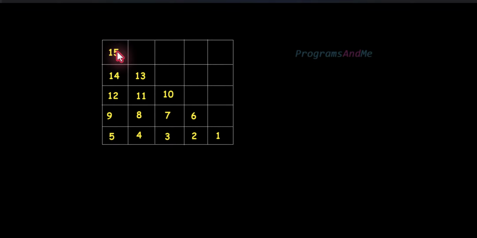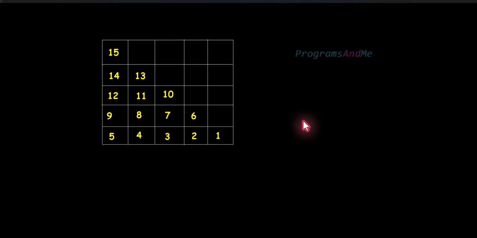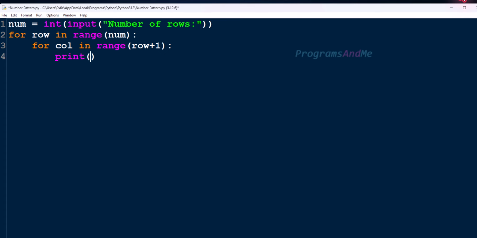For that we'll use this formula. If I take the number of rows as num, the formula is num times (num plus 1) divided by 2. I already made a video on how to find the formula to calculate the first number of the right triangle shape when printing numbers in descending order. The video is in the description box. So let's use that formula here.